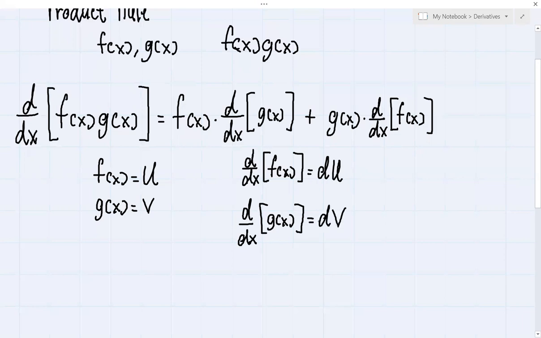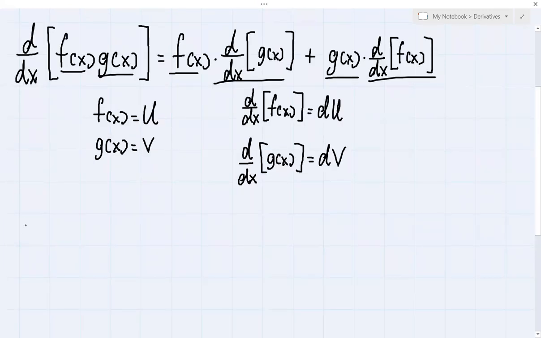Okay? So, ibig sabihin nun, mapapalitan yung mga sinulat ko mga notations dito. So, ganito mangyayari. We will have the derivative of f of x or si letter u, times g of x or si v.